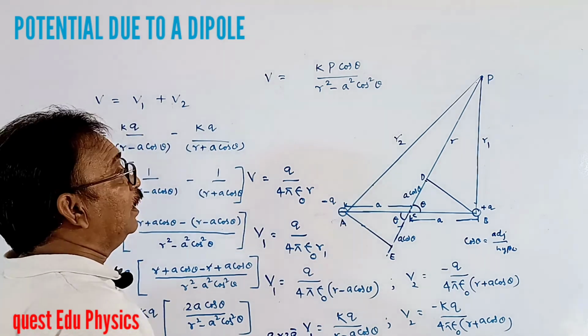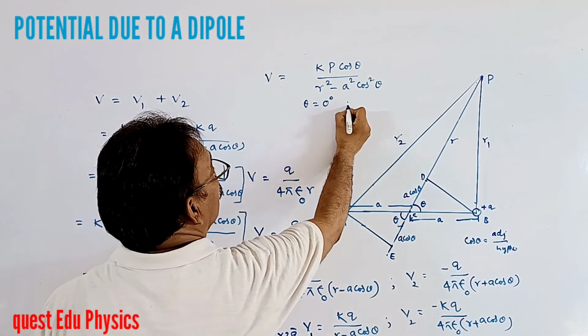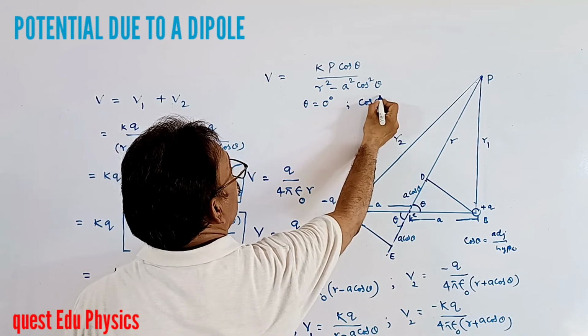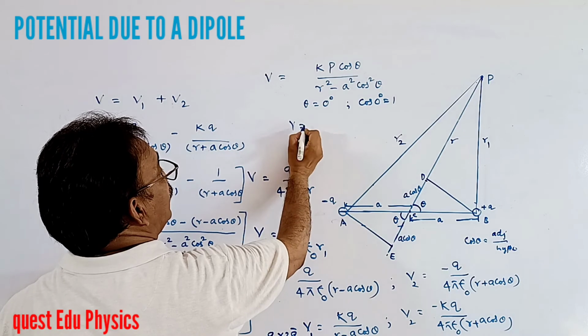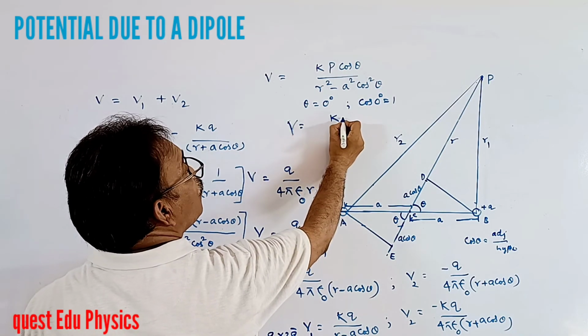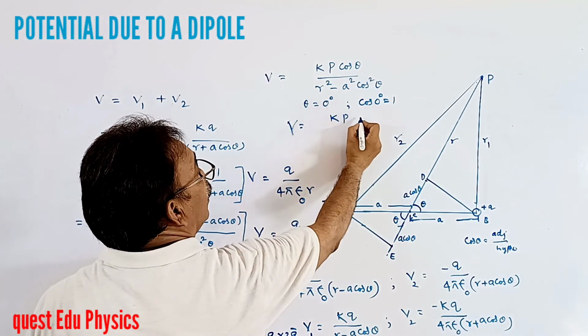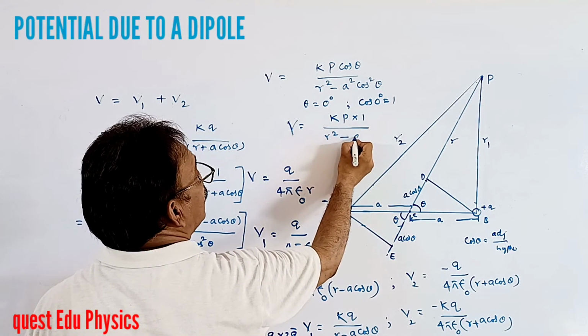Well, students, let theta be equal to 0. And as you know that cos 0 is equal to 1, then potential V is equal to, what do you get? K P into 1 by R squared minus A squared.